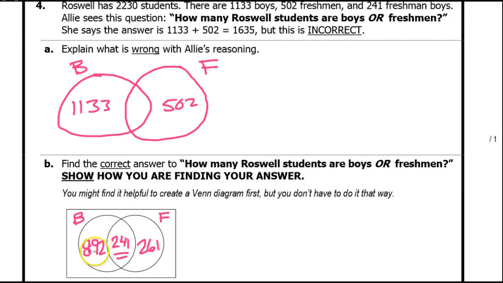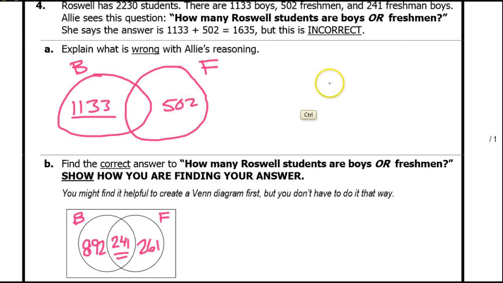If she added these three numbers, that would give you the actual total number of students who are boys or freshmen. But just by adding this number, the 1,133, that includes the 241 overlap. And then she added the 502, but that also again includes the 241. So the 241 is being counted twice if you just add these two numbers together.